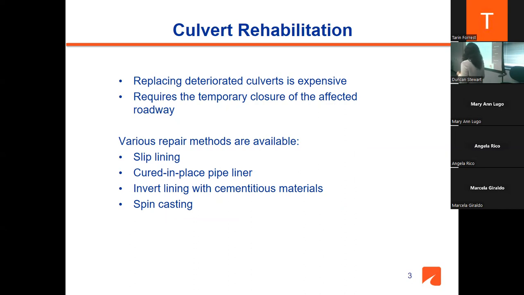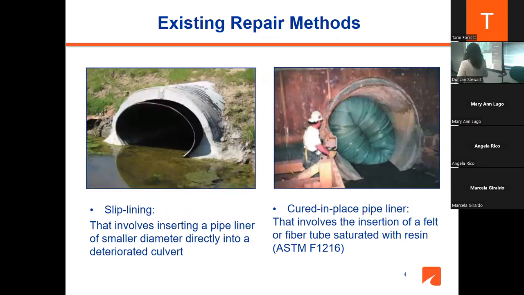So we were thinking about various types of repair methods. There are slip lining, cured in place pipe liner, invert lining with cementitious materials, and spin casting. Slip lining involves inserting a pipe liner directly into the culvert, and the diameter of the pipe should be smaller, so we might have some water flow reduction, which is not good and may cause concerns from hydrologists or environmentalists.